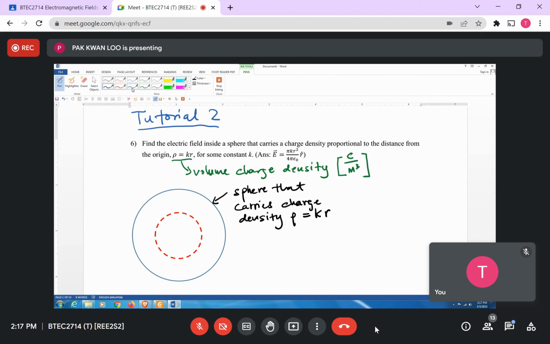We imagine this whole sphere is represented by a one-dimensional circle. The dashed line is your Gaussian surface.